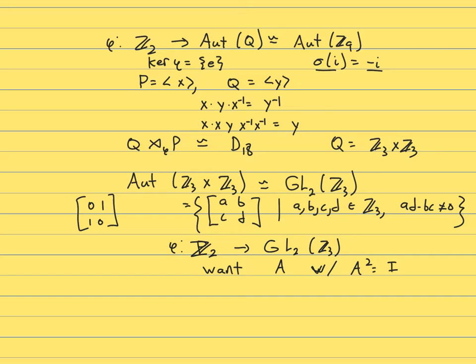In particular, if two matrices are similar, we don't want to consider them. We only want to take one, not the other. So we want matrices up to similarity such that their square is the identity.